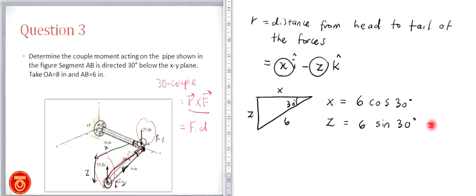So 6 cos 30 equals 5.2 inch, and 6 times sin 30 is 3 inch. So you can put here 5.2i minus 3k.